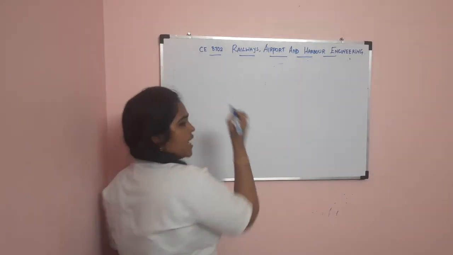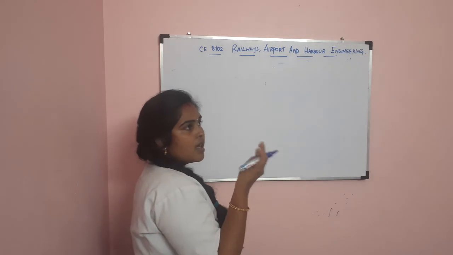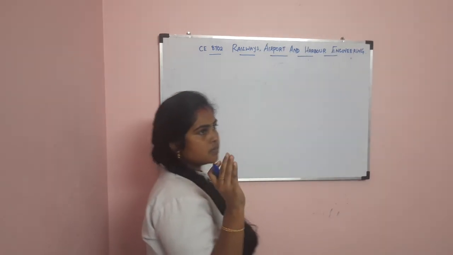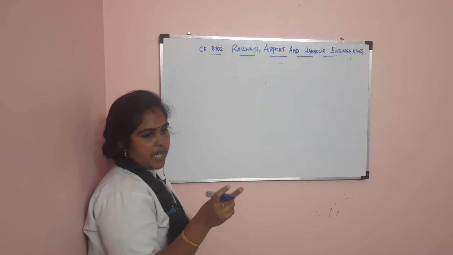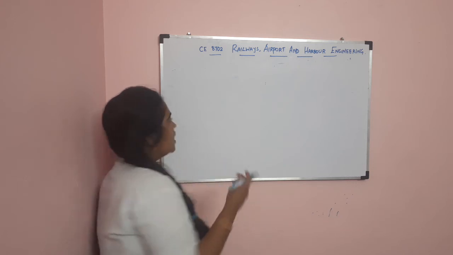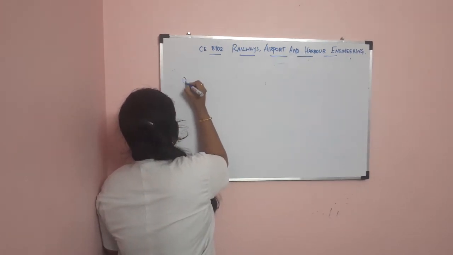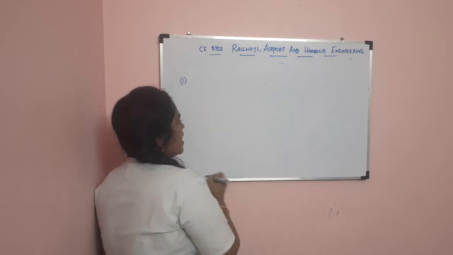types of joint. First, according to the position of joints, it is divided into two types, that is the square joint and staggered joint. Then according to the position of sleeper, it is divided into three types. What's the first one?